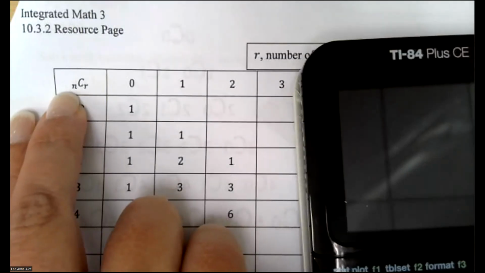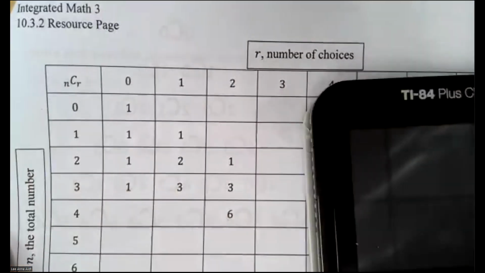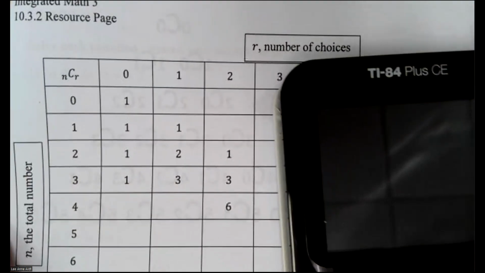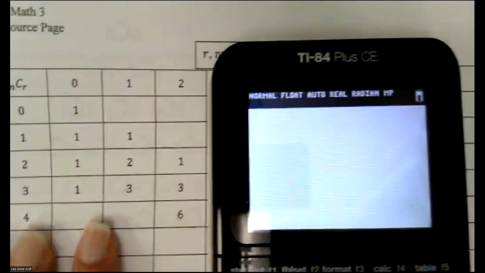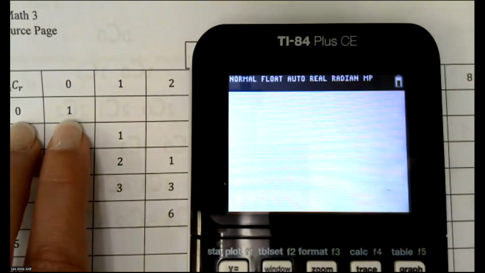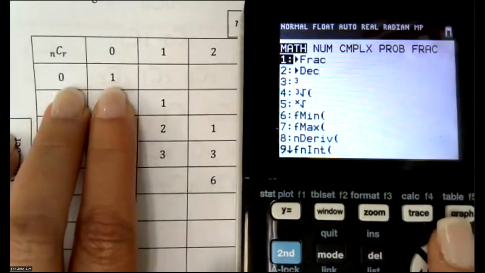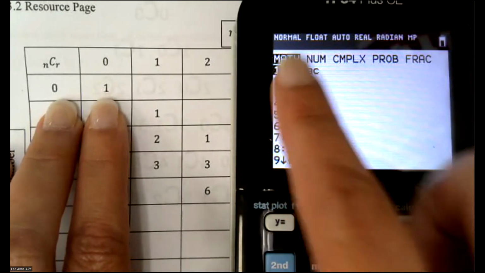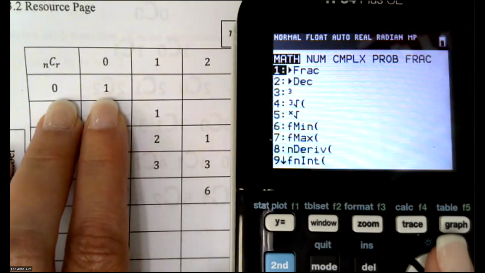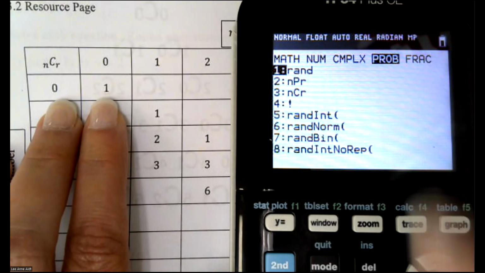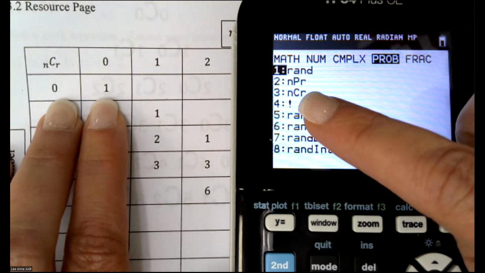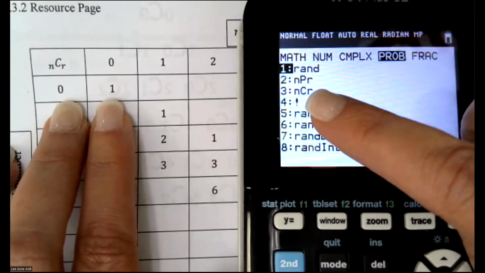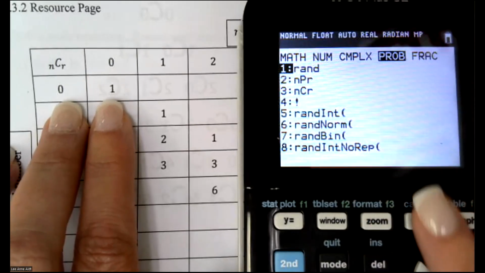N is the total, and R is the number of choices out of the total. So if you can find the math button, scroll over to probability, you'll find NPR and NCR. And we're going to work with NCR today, just the C, only the C.